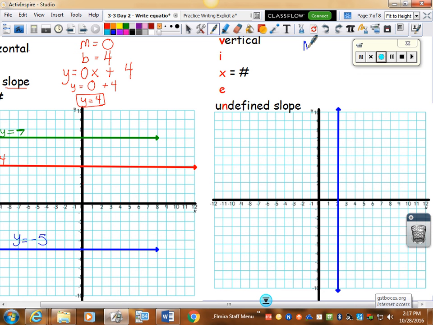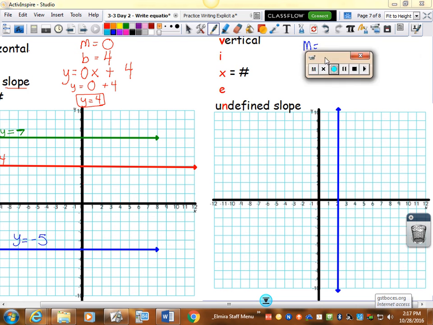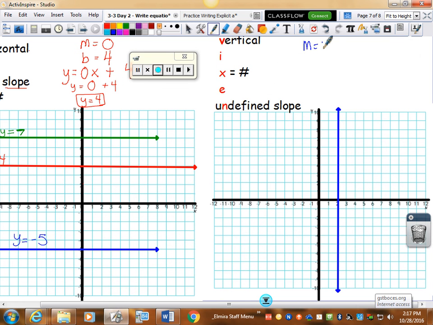Undefined slope, so on my homework I would write for m undefined. Some teachers also say no slope. Either one of those is correct. I tend to use the word undefined because then you're not as likely to mix no slope up with 0 slope, because they sound too similar to me. But either one is fine.